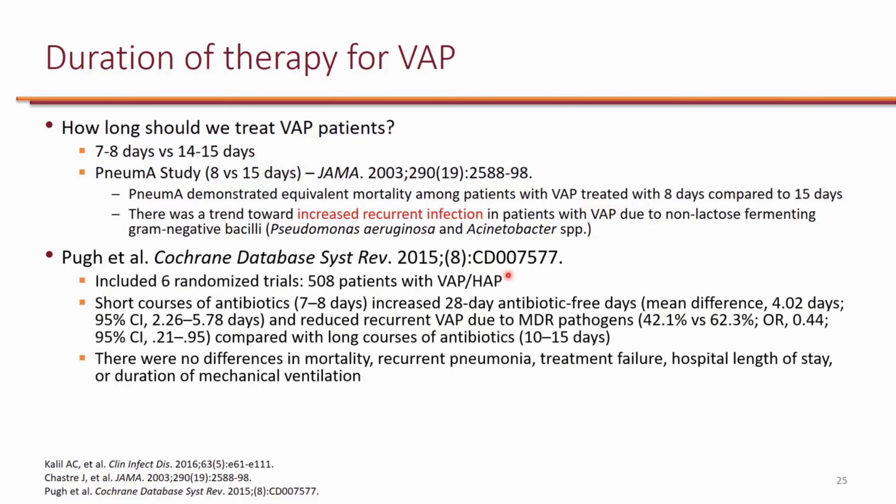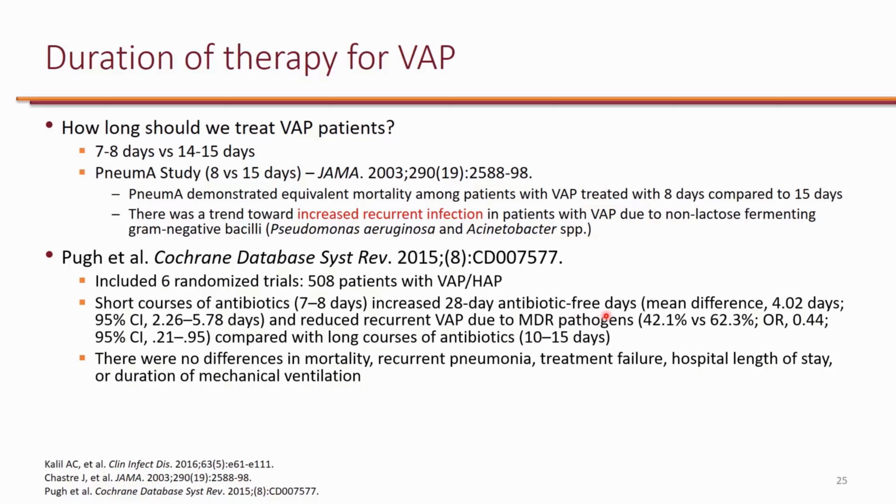Now, things started to heat up when a Cochrane review in 2015 compared short-term therapy to long-term therapy in patients with HAP and VAP, and found that in the group of patients who got a short course of antibiotics, let's say 7 or 8 days, there were actually increased 28-day antibiotic-free days and reduced recurrent VAP due to multi-drug resistant pathogens.